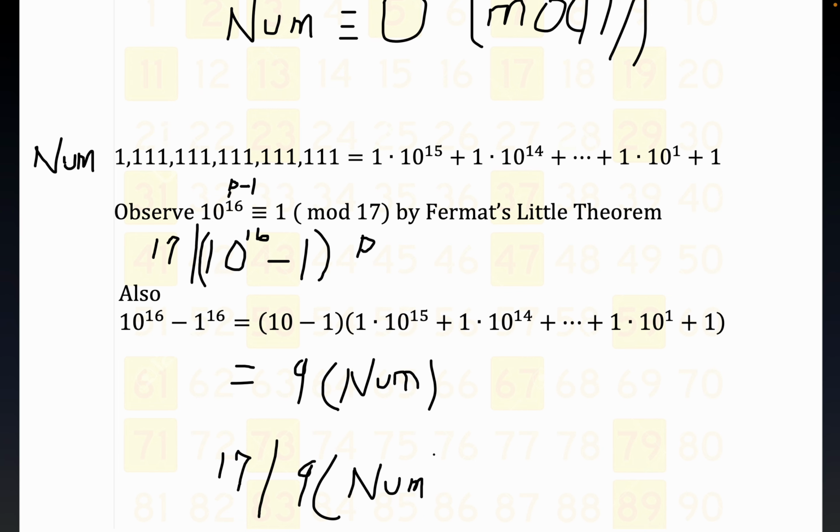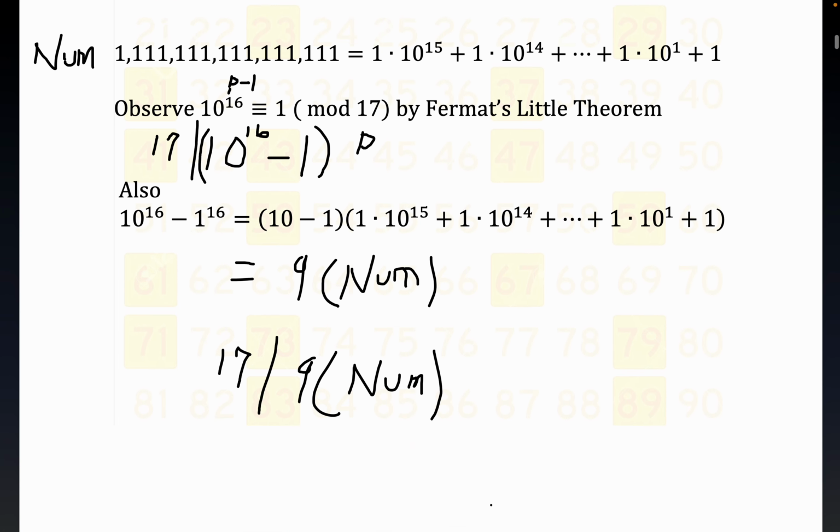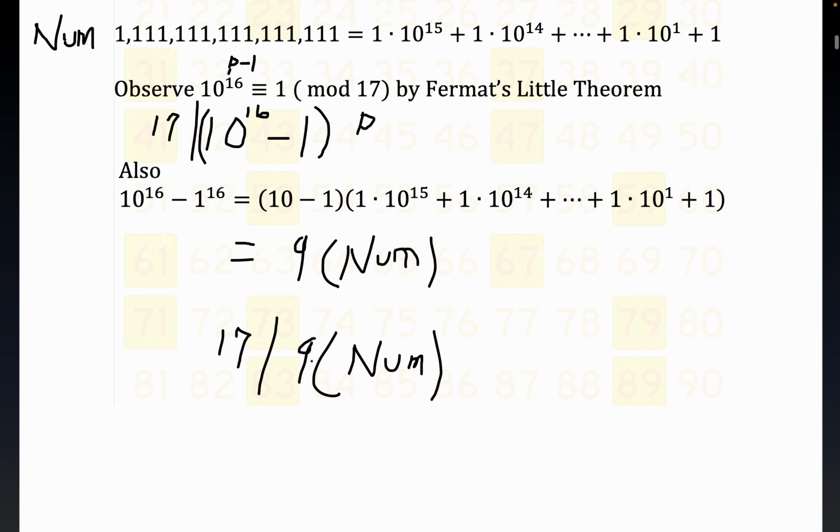Clearly 17 is not a factor of 9, so that implies that 17 divides the numerator. Another way of saying that is the numerator is a multiple of 17.